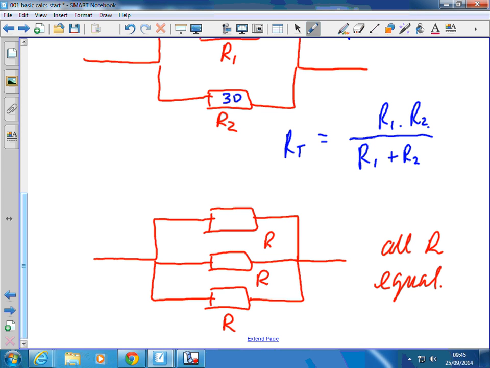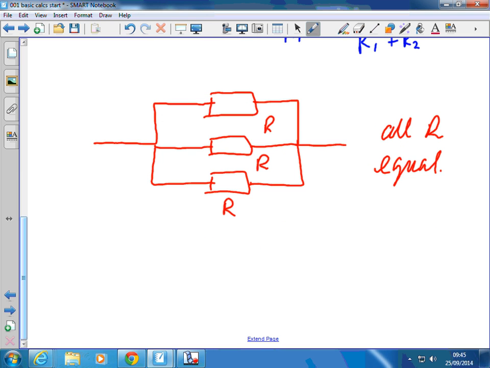So in this network, we've got three resistors and they're all of the same value R. If you get that kind of situation, for instance, they're all 30, think about what's going on here, right?